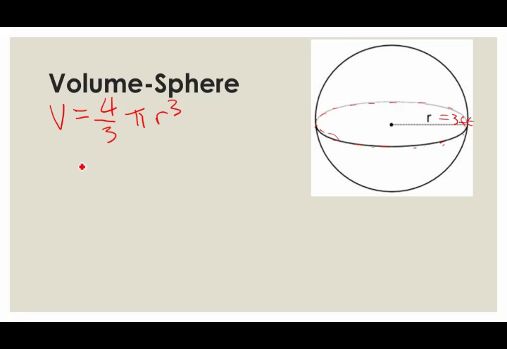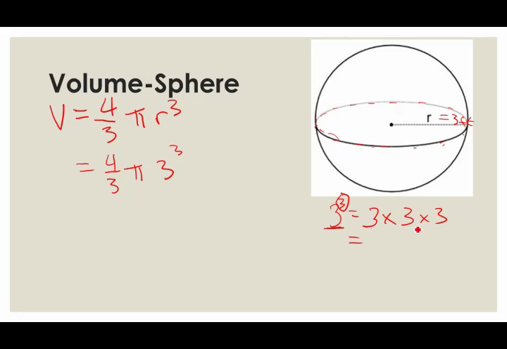So we have 4 divided by 3, we have pi, and our radius is 3, so 3 to the third. Let's work out 3 to the third here. 3 to the third is saying we take this number 3 and multiply it 3 times. So we have 3 times 3 times 3.